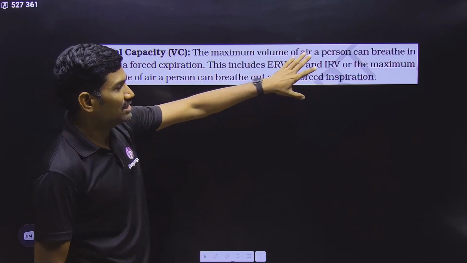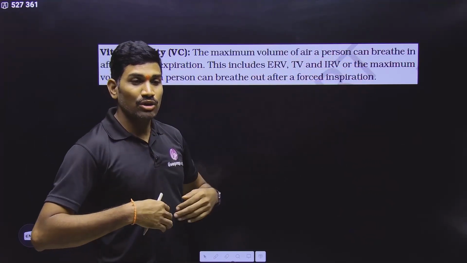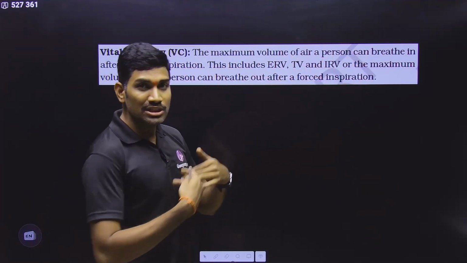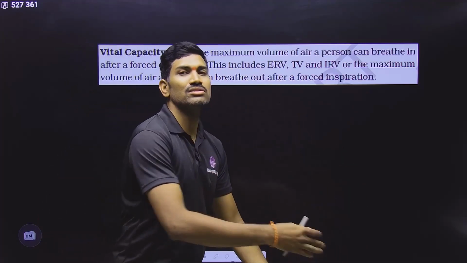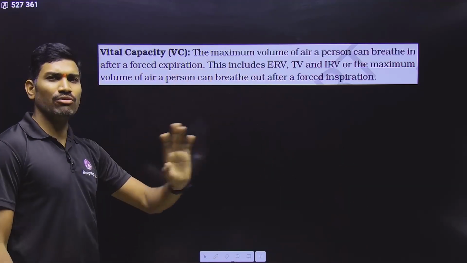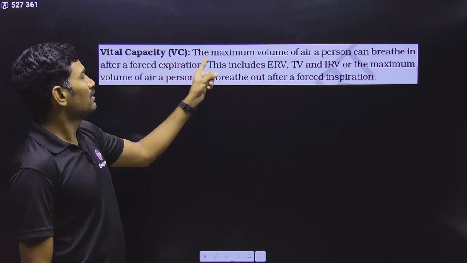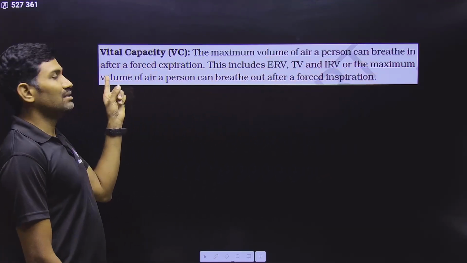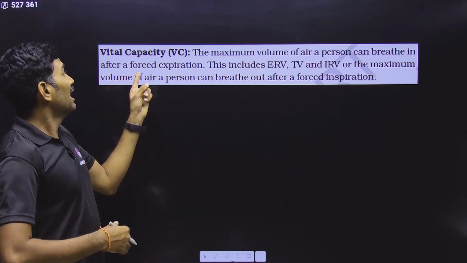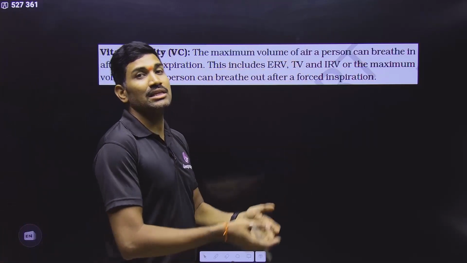So that's why they have given the definition in 2 ways. You can go for forced expiration and then forced inspiration, or else first do forced inspiration, then go for forced expiration. That's what they said. Anyhow you do it, you will get the vital capacity. The maximum volume of air a person can breathe, what does it mean?